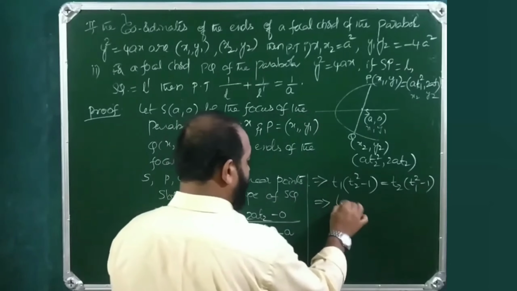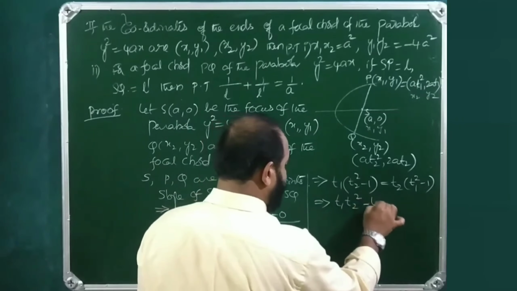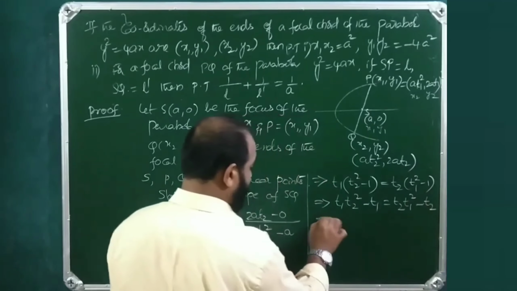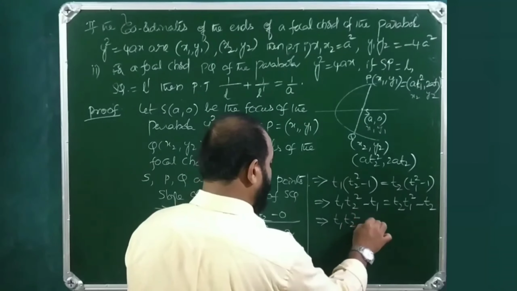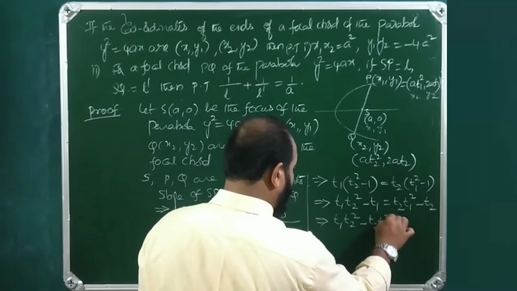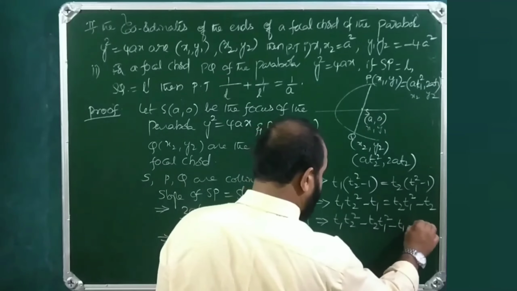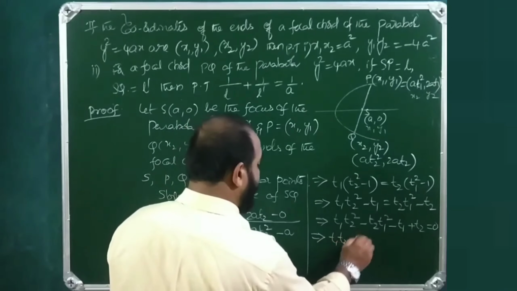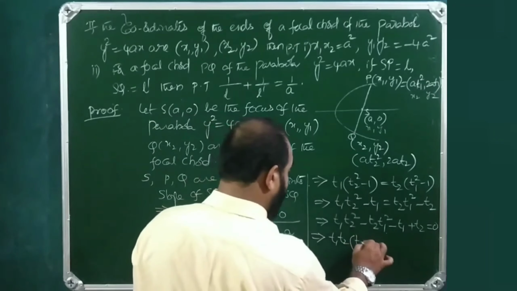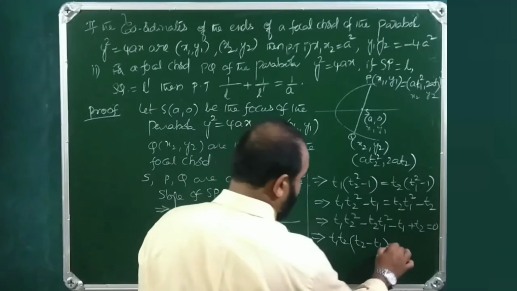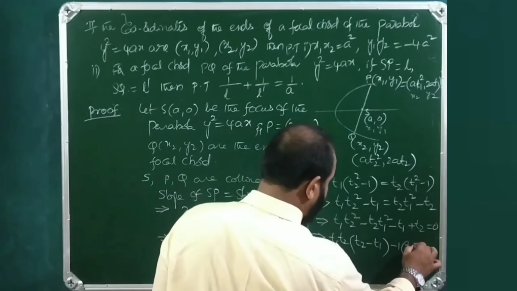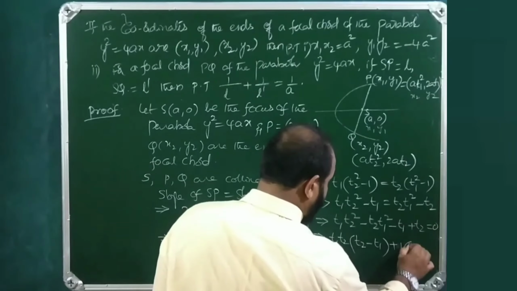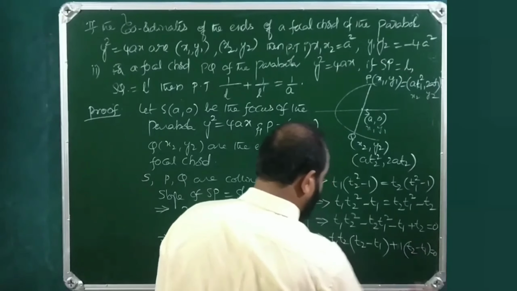This gives t1 t2 square minus t1 equals t2 t1 square minus t2, so t1 t2 square minus t2 t1 square minus t1 plus t2 equals 0. Taking t1 t2 common, t1 t2 (t2 minus t1) plus 1 into (t2 minus t1) equals 0.